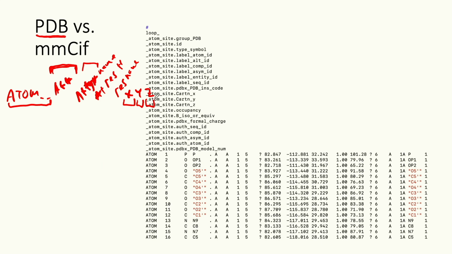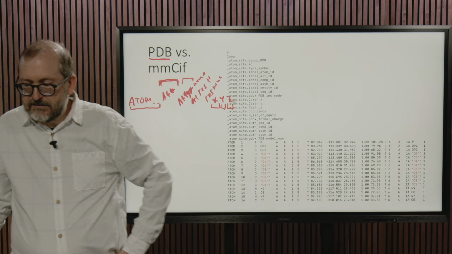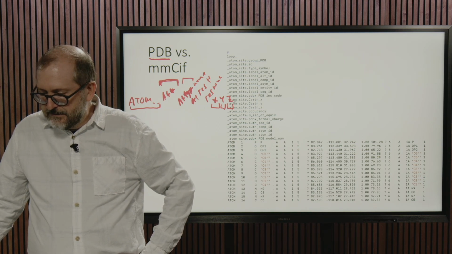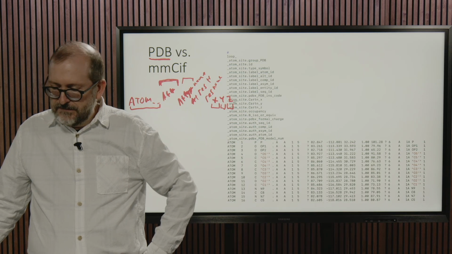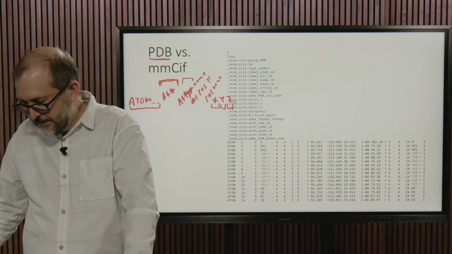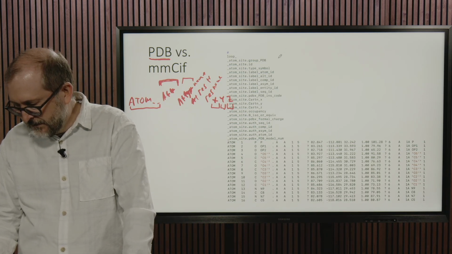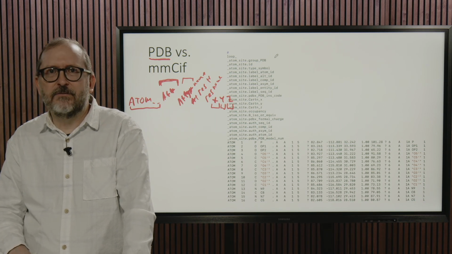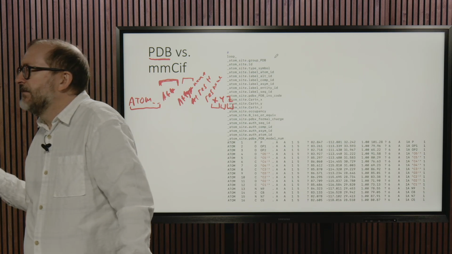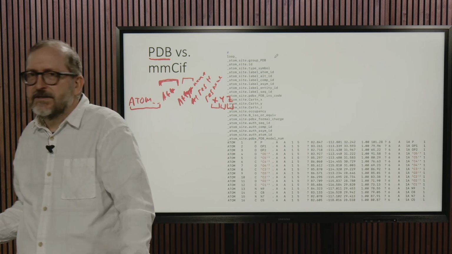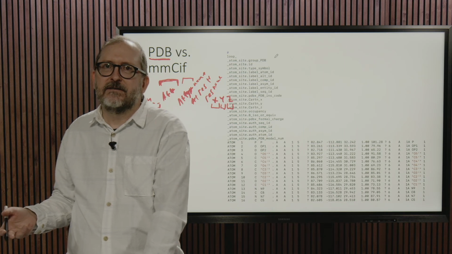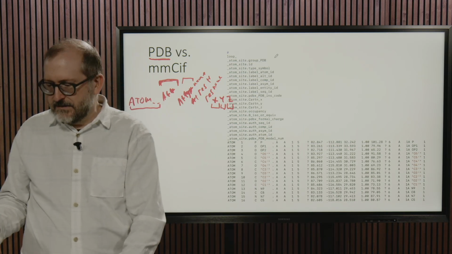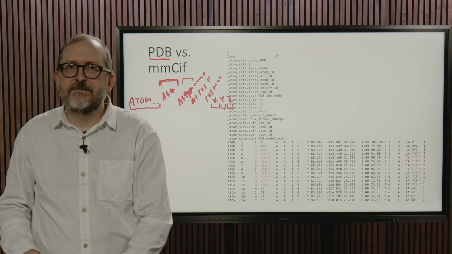So along comes MMCIF, and actually it came along quite a long time ago. But it basically solves all of these problems. There's one more problem that I didn't mention, which is that once you have fixed column format, what happens if there's an additional property of this atom that you want to express, something that doesn't fit into these fields?